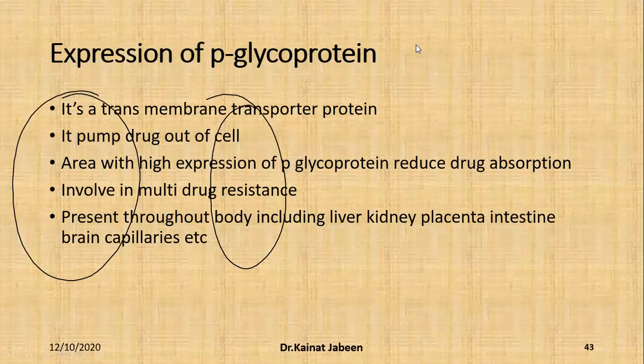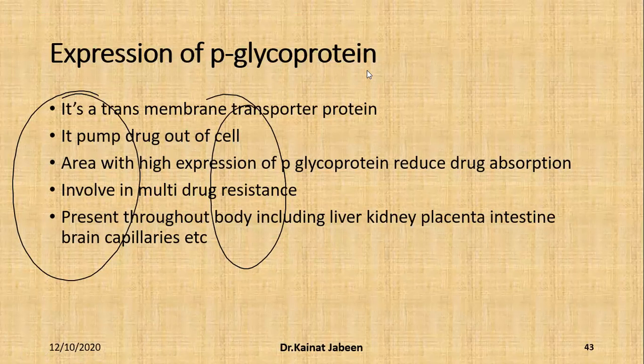The next is expression of p-glycoprotein. It is the last factor. What is p-glycoprotein? It's a transmembrane transporter protein. It is used for the transportation mechanism as a carrier, and it will pump the drug out of the cell.